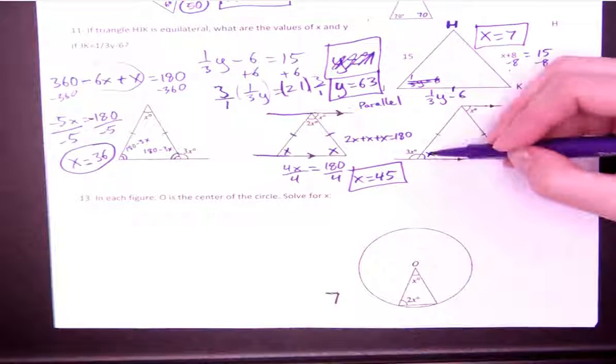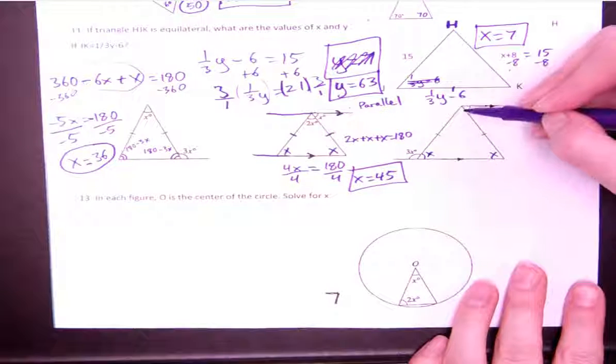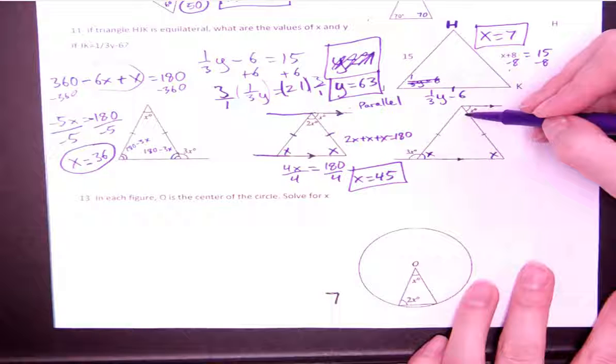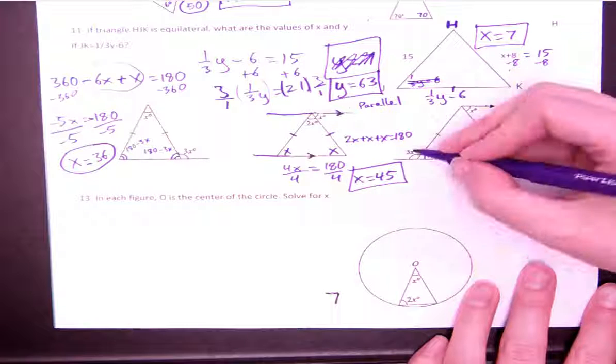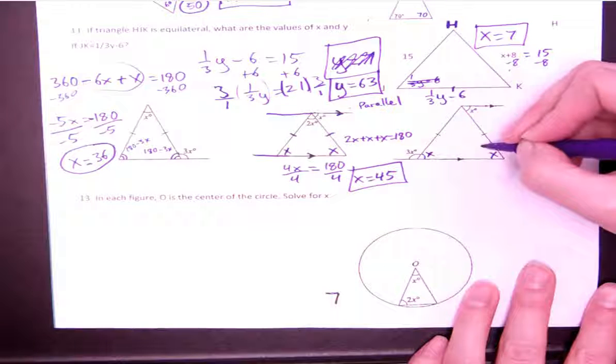And if this is x and this is x, what would I do with the exterior angle to find out this? So 3x has to equal these two angles added together, correct?